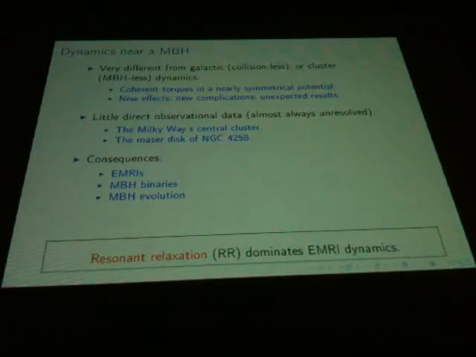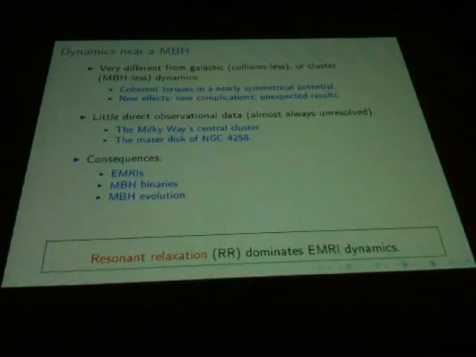Coherent torques, phenomena otherwise known as resonant relaxation, which will be a key motif in this talk, and other effects, which I'll mention briefly as I go, are also quite new. They introduce new complications, new combinatorics to the old things that we thought we knew, and some unexpected results.